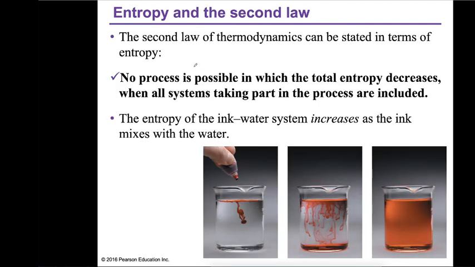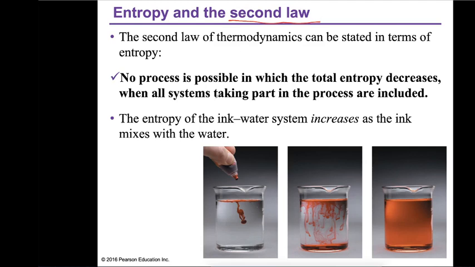And the second law of thermodynamics can be stated in terms of entropy. This is the third statement of the same law, the second law of thermodynamics: no process is possible in which the total entropy decreases when all systems taking part in the process are included.